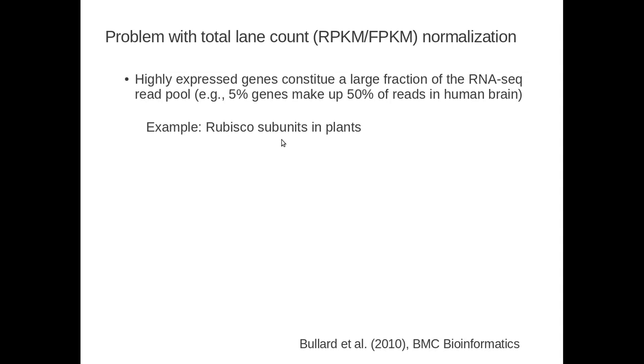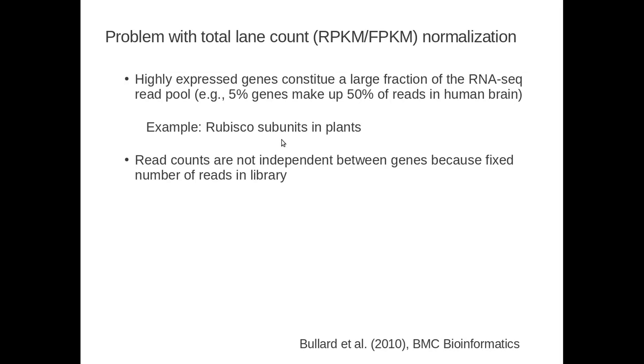And so what's the problem? Well, the problem is that read counts are essentially not independent between genes. Read counts, being our measure of gene expression, are not independent between genes because there's a fixed number of reads in a library.